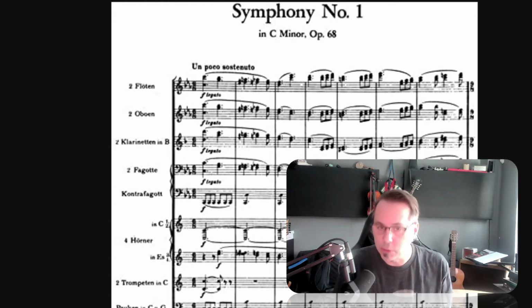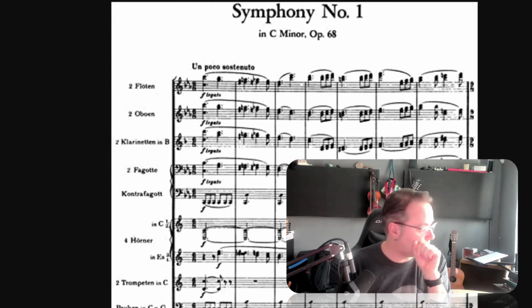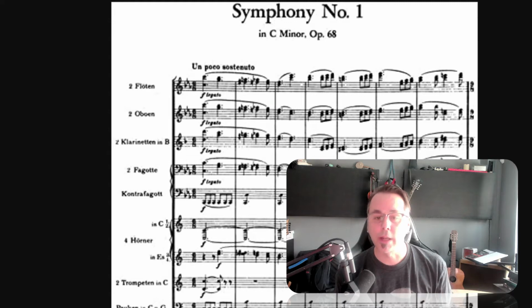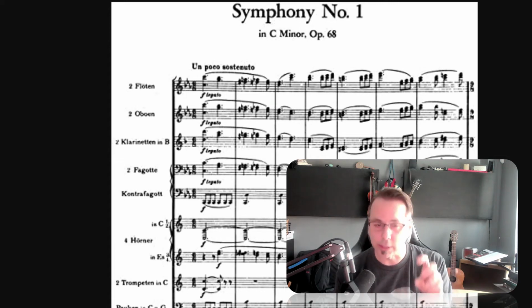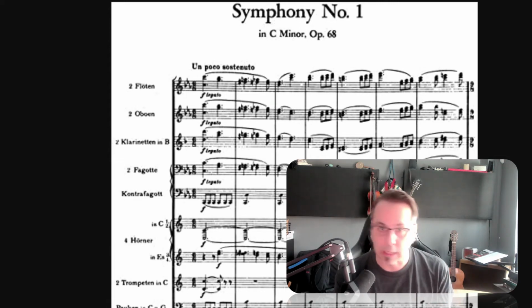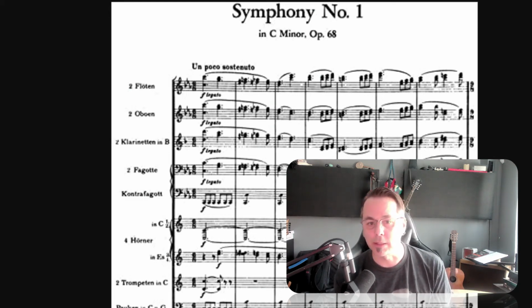A lot of people write music just on two staves, like a piano grand staff, and then they orchestrate it, meaning they write it out for the full orchestra, or for some other combination of instruments. You don't always have to be working with a full orchestra. Orchestration can mean I'm going to write this out for string quartet or wind quintet or something like that. It basically means rewrite it for more instruments.